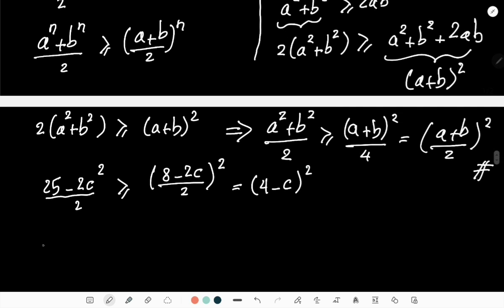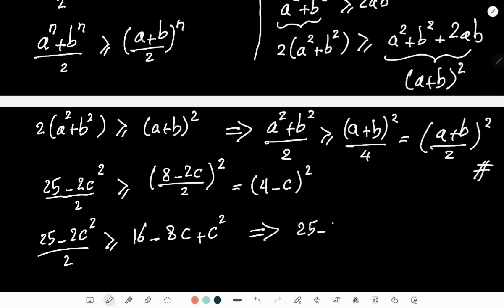So if I expand this expression here, what do we have? So here we have 25 minus 2c squared divided by 2 greater than or equal to 16 minus 8c plus c squared. And then we multiply both sides by 2. Then we have 25 minus 2c squared greater than or equal to 32 minus 16c plus 2c squared.